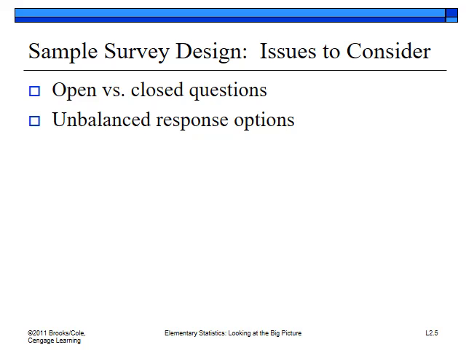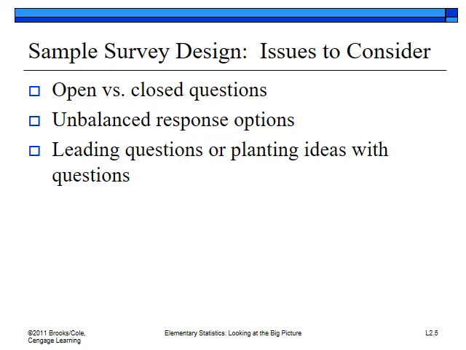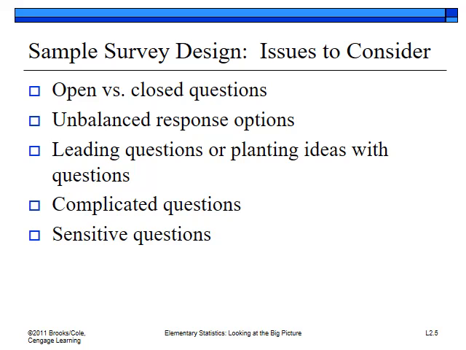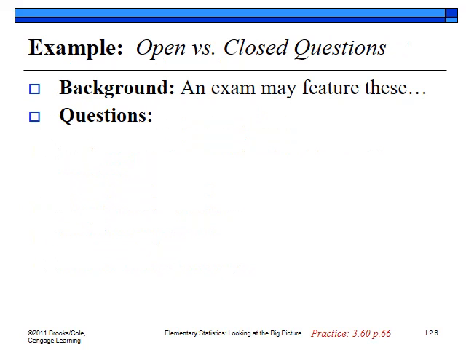Another thing to be on the lookout for are unbalanced response options, leading questions, complicated questions, sensitive questions, and questions involving hard to define concepts. We're going to look at all of these as we go through the rest of this lecture. Let's start with open versus closed questions.